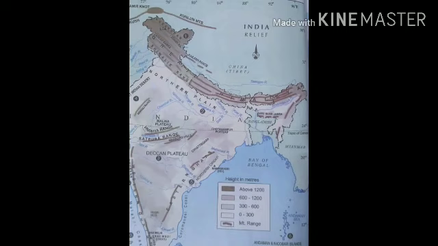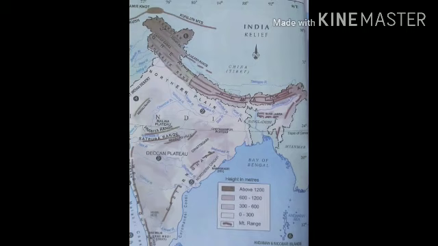The northern plains are generally described as flat land with no variation in its relief. Means northern plains are generally a flat land. Now, we have divided northern plains into three parts.